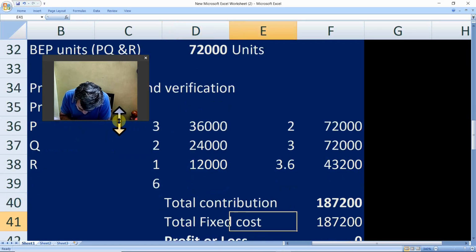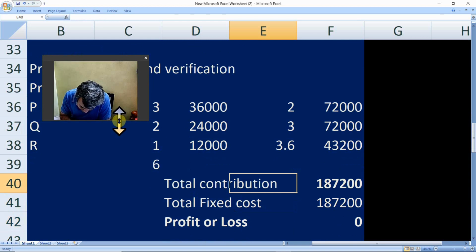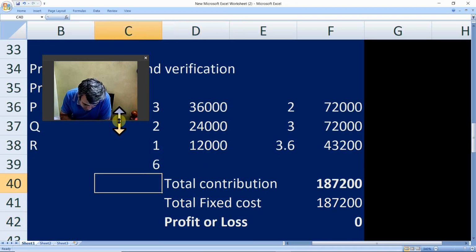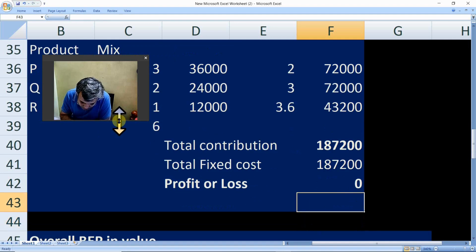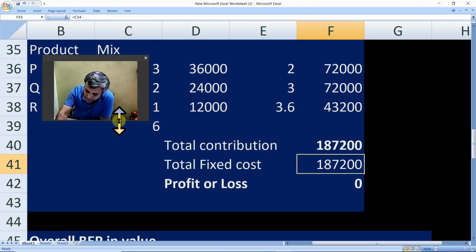If you add them all up, it is 1,87,200. My total contribution works out to 1,87,200. So is my FC. So my profit is 0. I have verified that at this level, my break-even point is 72,000 units of P, Q, and R put together, of which 36,000 units is P, 24,000 is Q, and 12,000 is R.